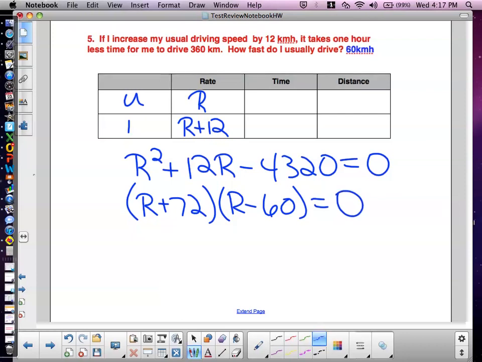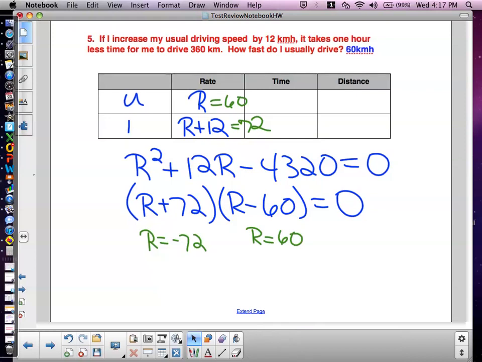R plus 72 gives me a negative root, which I can't use. R minus 60 gives me a positive root. So my normal rate is 60, my increased rate is 72 miles per hour. So the challenge comes in how you represent the time, and then once you set the equation up, multiplying the binomials out with the fractions, and then you end up with a quadratic which you can factor.